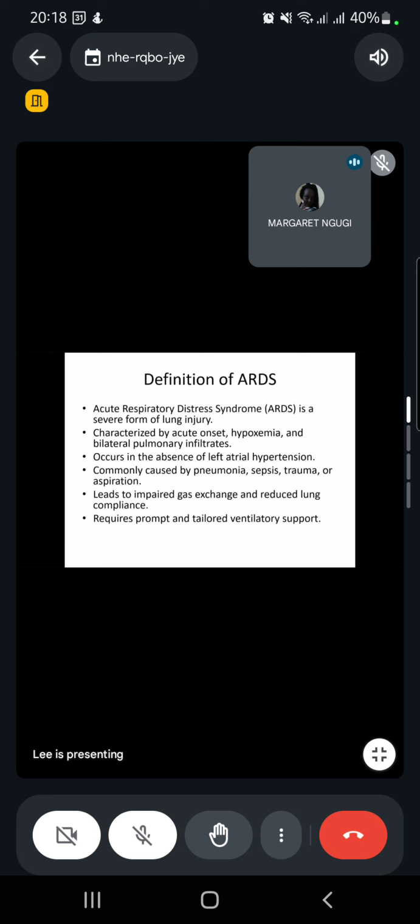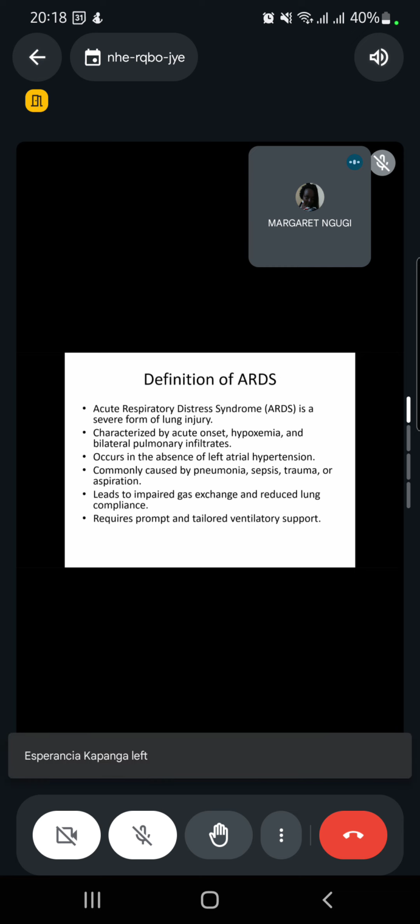There are criteria for ARDS that you'll check in depth. It occurs in the absence of left atrial hypertension, and there are causes that are lung related and those that are non-lung related. In general, it's caused by pneumonia, sepsis, trauma, and aspiration, and it leads to impaired gaseous exchange and reduced lung compliance. Next slide.